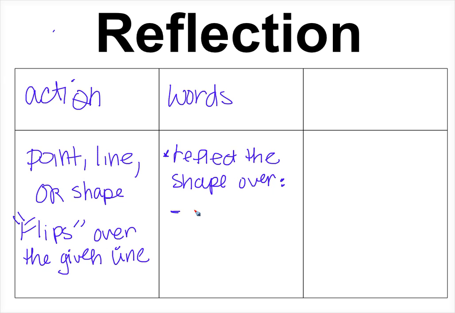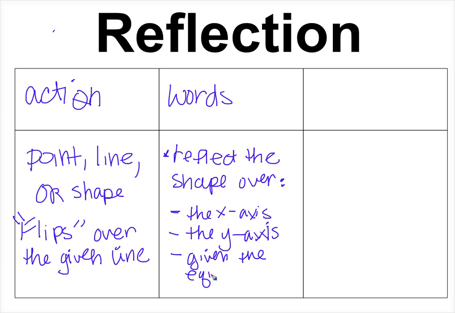One option could be the x-axis, could be the y-axis, or you could be given the equation of a line. Usually you'll see over the x-axis or the y-axis, but we will take a look at what it looks like given the equation of a line.